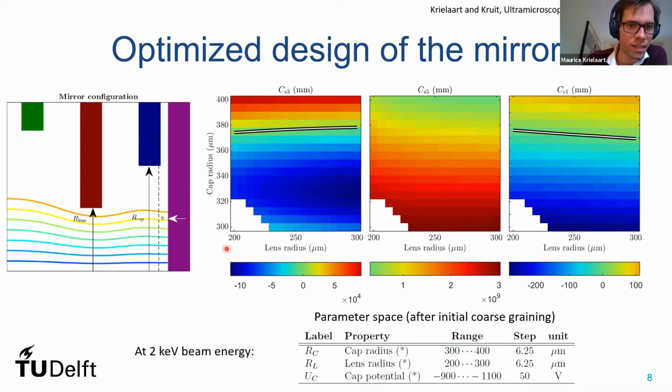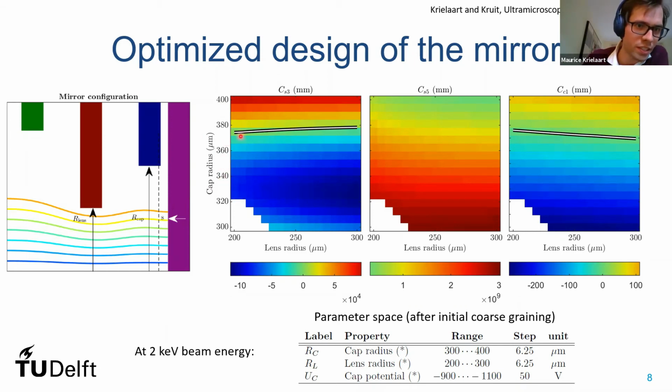You see that as a function of lens radius, there's not too much variation over all of the parameters here, but as a function of cap radius, so that's this element here, there's quite a sensitive behavior.